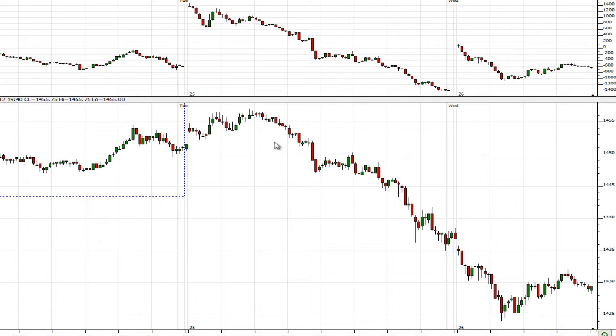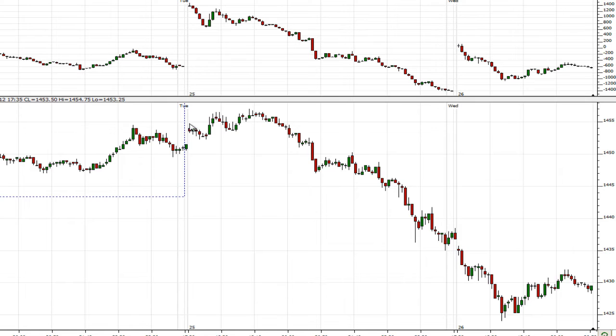Since we've been balancing for about 6 or 7 days and now we're still at the high volume node, we should be relatively prepared that there could be a big move about to happen in the next day or two, or sometime soon. And we're looking for tells to see which side it's likely to happen on.